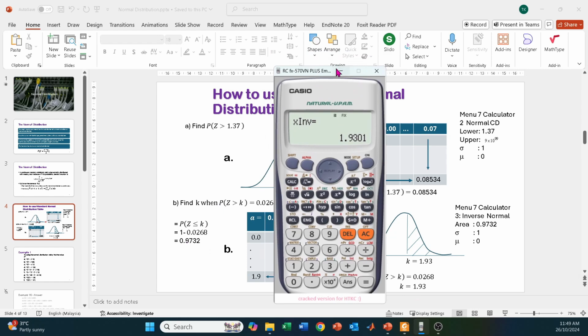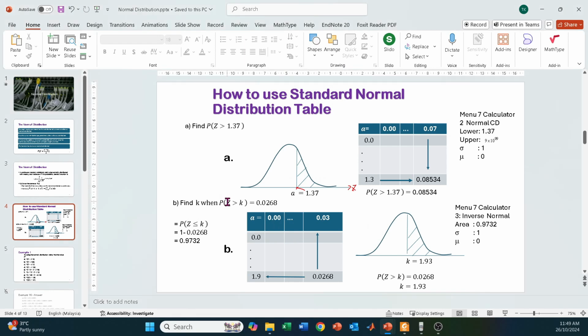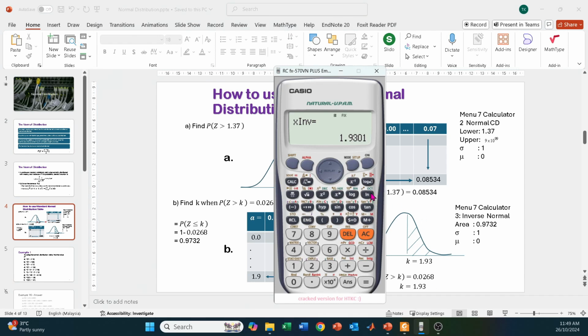So question B, find k when the probability of Z greater than k. If we use the normal distribution table, look at the value 0.0268 and then read here 1.9, so the answer is 1.93. If we use the scientific calculator, go to inverse normal, number 3. The scientific calculator gives the area calculated based on the left hand side.